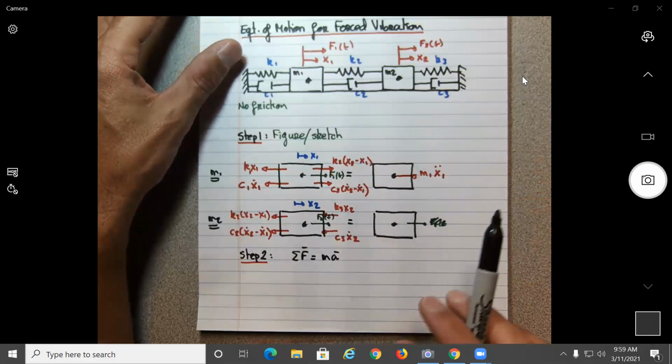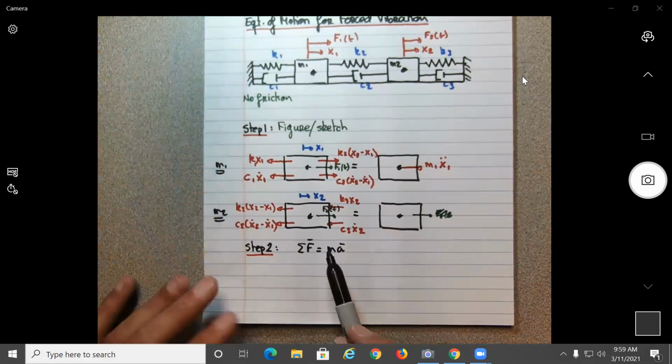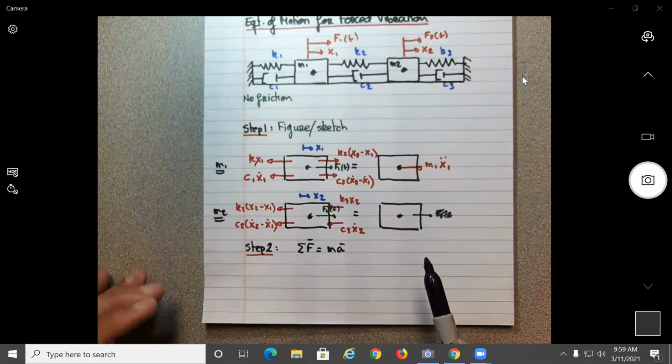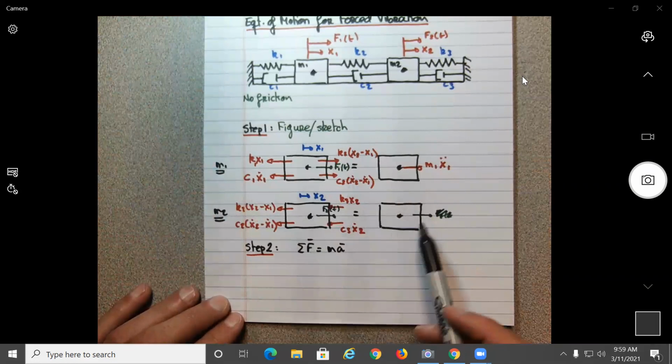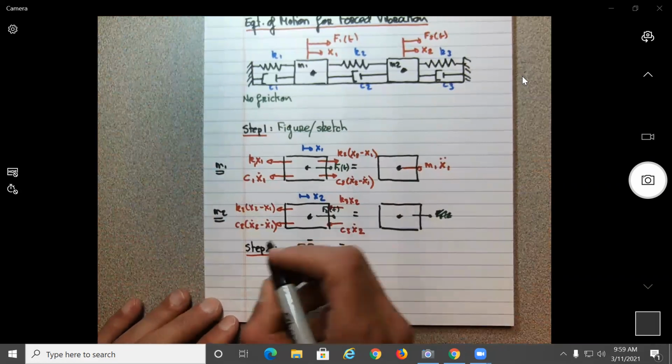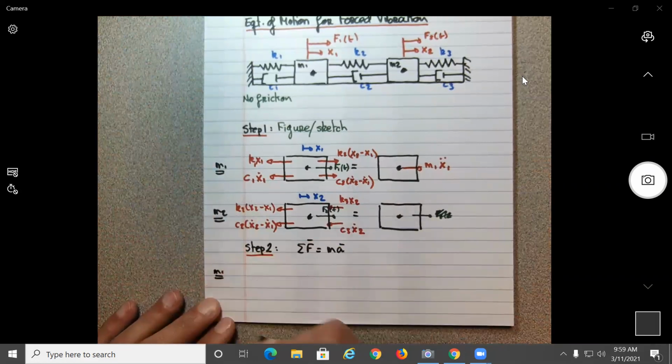That makes sense or no? Obviously, we need to write down one equation for this free body diagram, one equation for this one, no? Okay, so let's say for M1, what will be the equation?